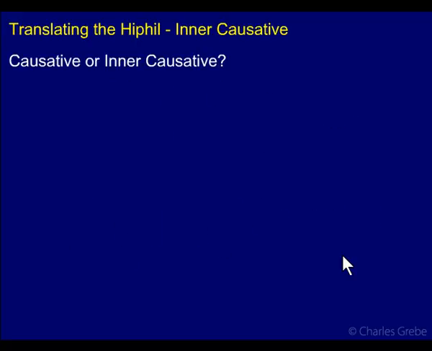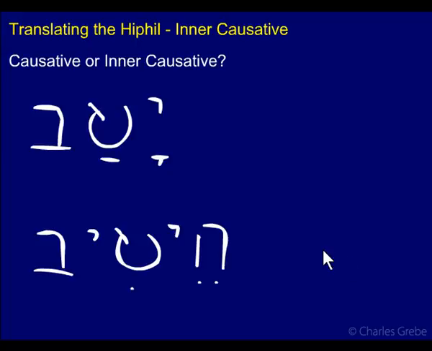Now, when you try to translate a word, something's not clear. Is it causative or inner causative? It could be either. You have to go with the context, and sometimes that won't even help you. So if you have a word like yatav, for instance, he was good.